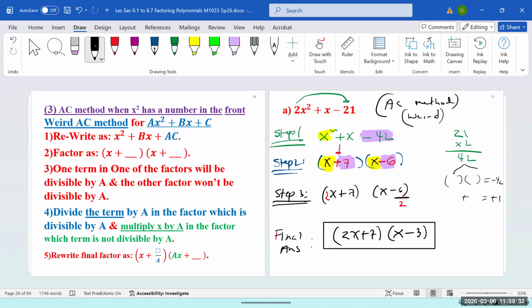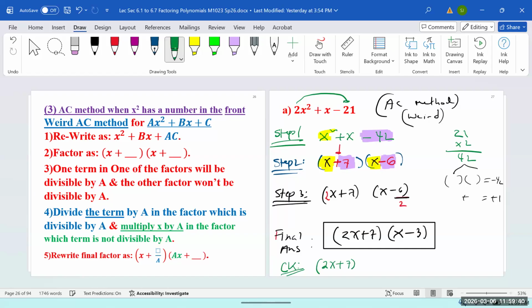So let me do the checking here. Check. We have 2x plus 7 times x minus 3. 2x times x is 2x squared. 2x times negative 3 is negative 6x. 7 times x is positive 7x. And 7 times negative 3 is negative 21.